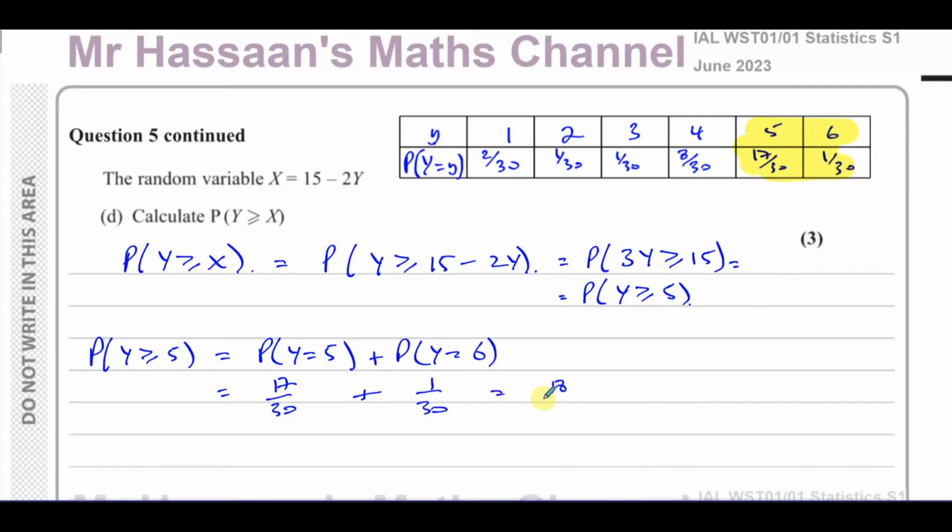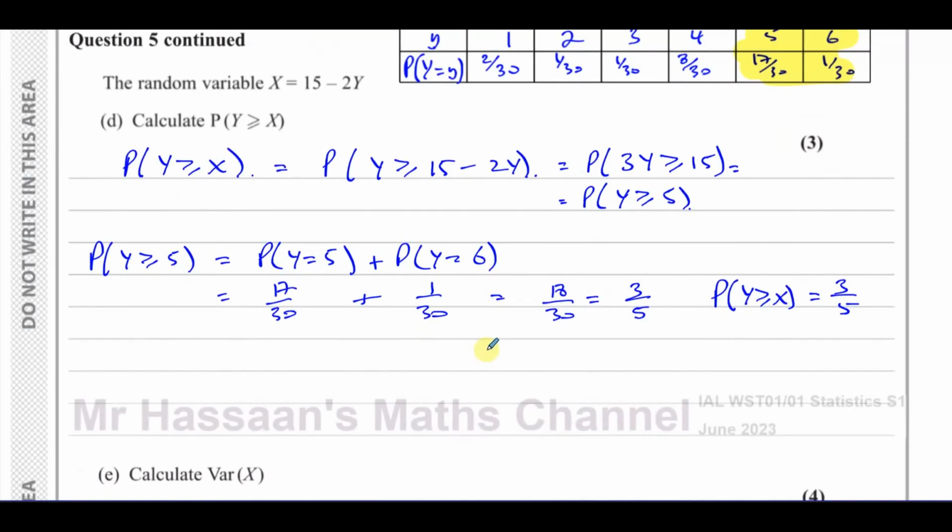That gives you 18 over 30. Now 6 goes into both of those. 18 divided by 6 is 3, and 30 divided by 6 is 5. So 3/5 is the answer. The probability that y is greater than or equal to x is equal to 3 over 5. You could say 0.6 if you want. And there's the answer to part D.